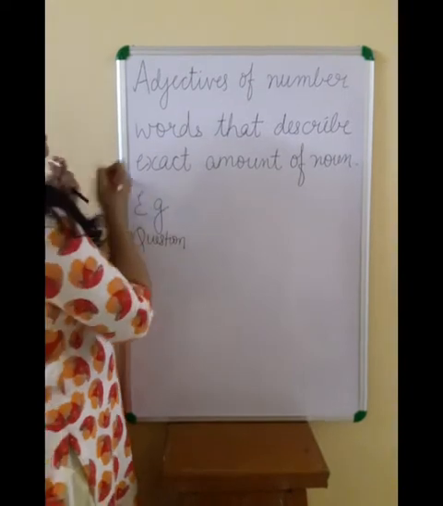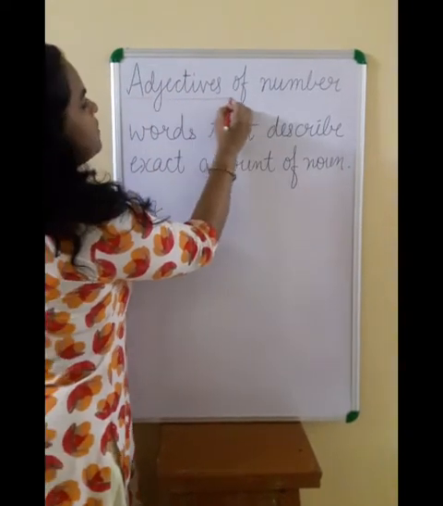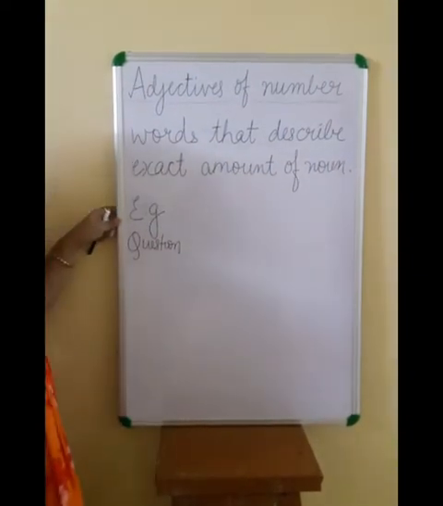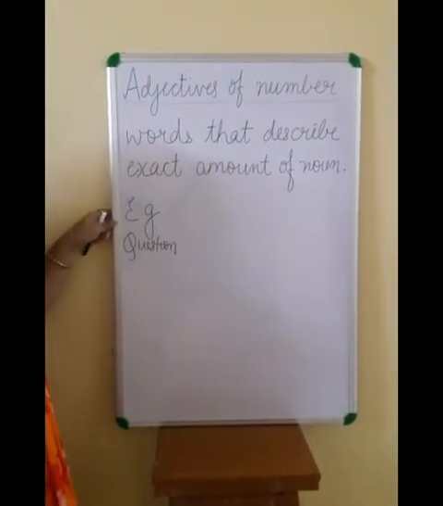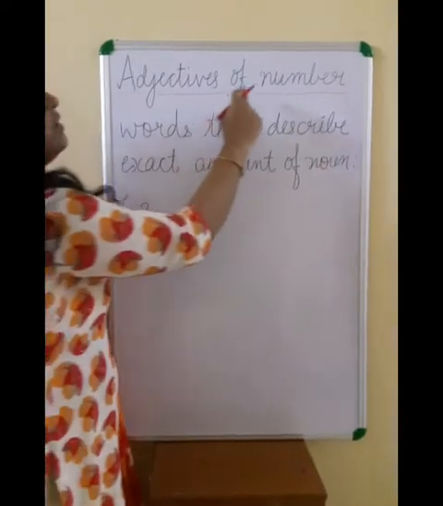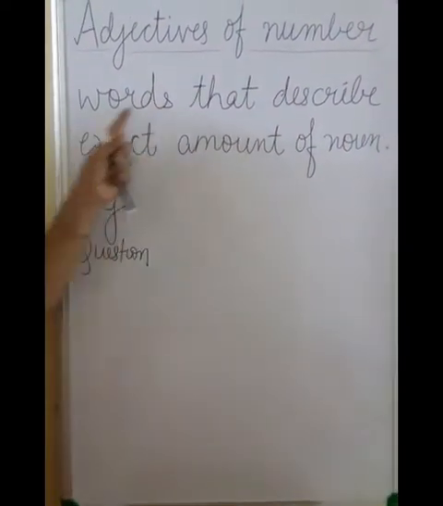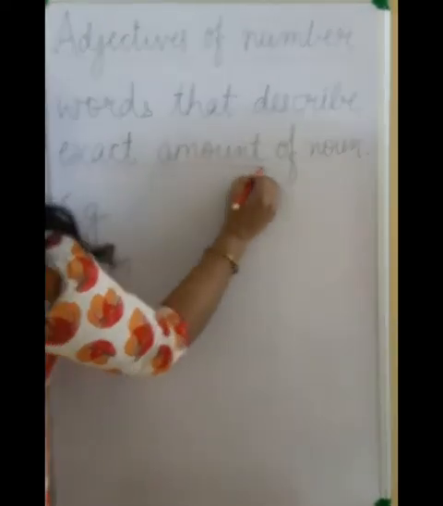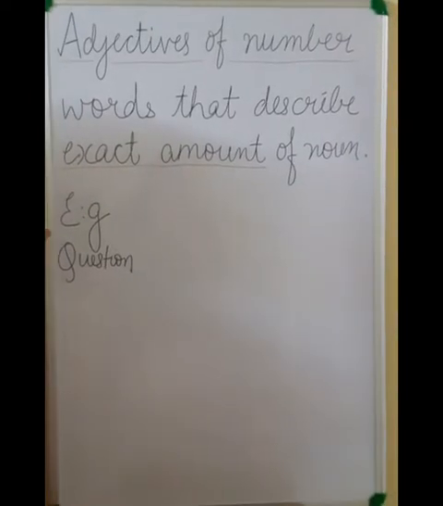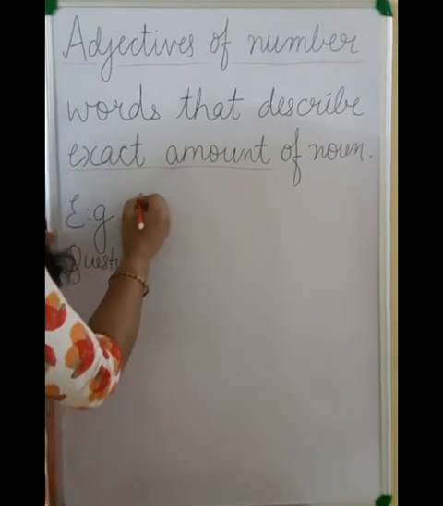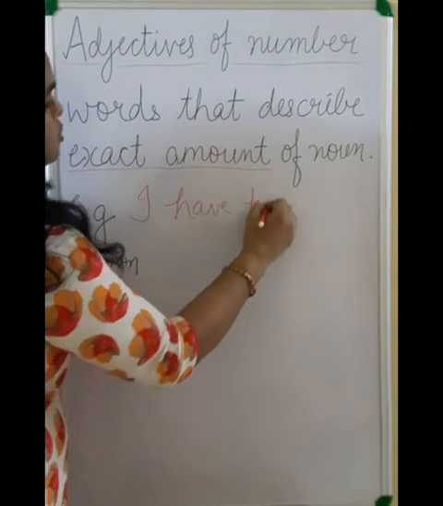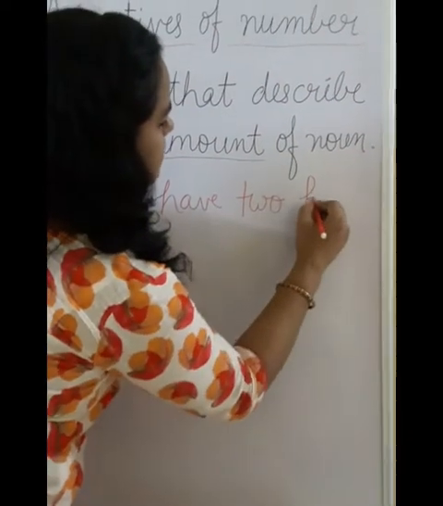Now we come to the third kind of adjectives. Adjectives of number. Before, we learned about adjectives of quality, adjectives of quantity, and now adjectives of number. Words that describe the exact amount of a noun are known as adjectives of number. For example, I have 2 pens.